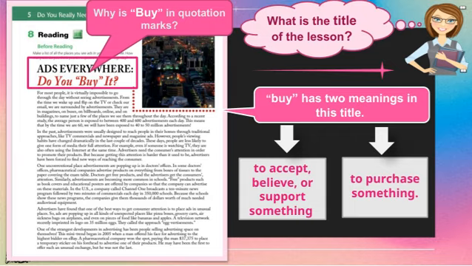Recognizing these different uses is important because it helps us communicate more clearly and understand conversations better, especially in situations involving persuasion or agreement. This dual meaning is a great example of how language evolves and how context shapes the meaning of words. Keep this in mind as we move through the lesson, because it ties into our broader theme of understanding language in real-life situations.